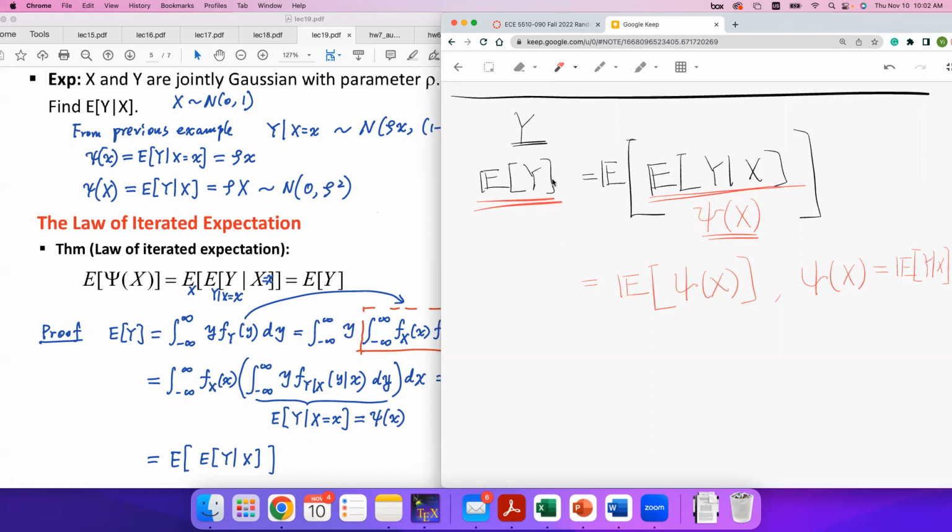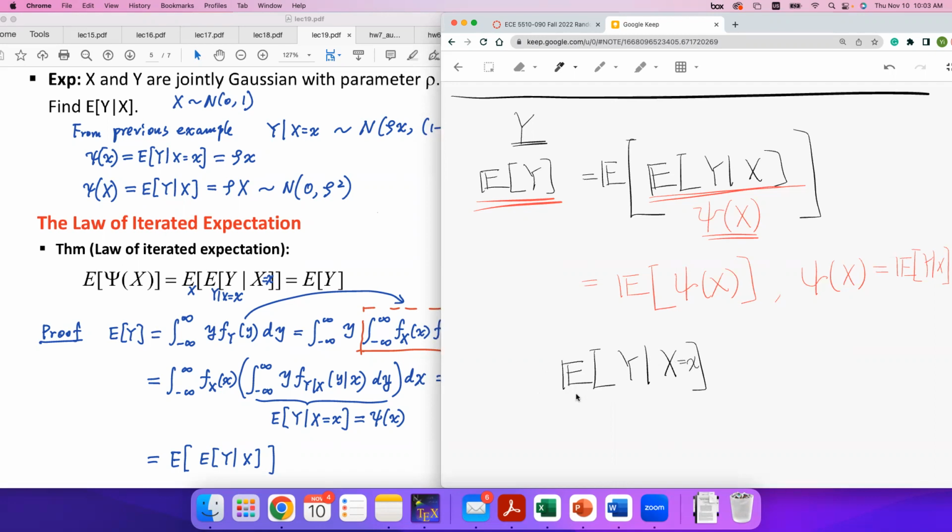And also, these two expectations are taking care of different parts of the randomness. More specifically, here we are taking expectation over, suppose we set a realization of x.